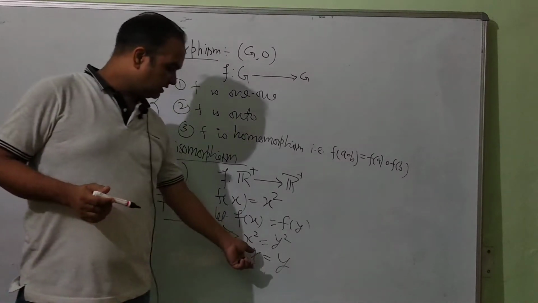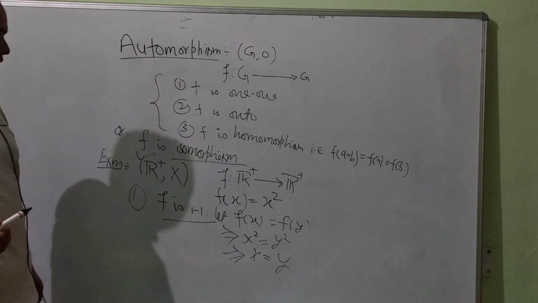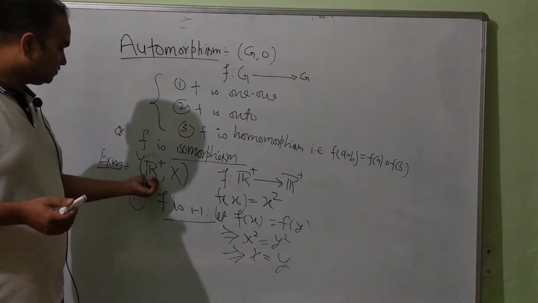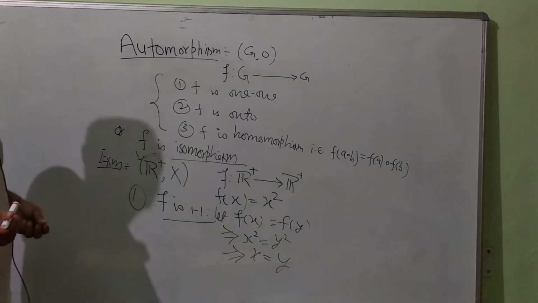Otherwise x can be plus minus y if this is the set of real numbers. So this function is 1-1.